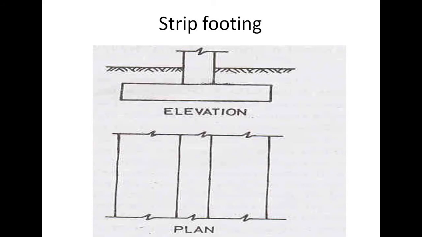In such a case, it is more economical to provide a strip footing than to provide a number of spread footings. In this diagram, we can see a number of columns provided in the plan, and it is cheaper than the spread footing.